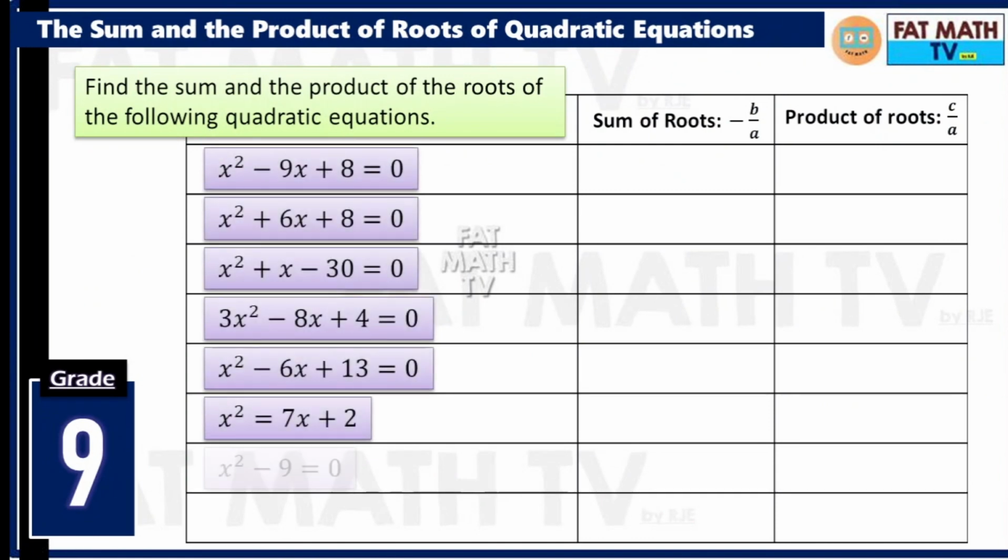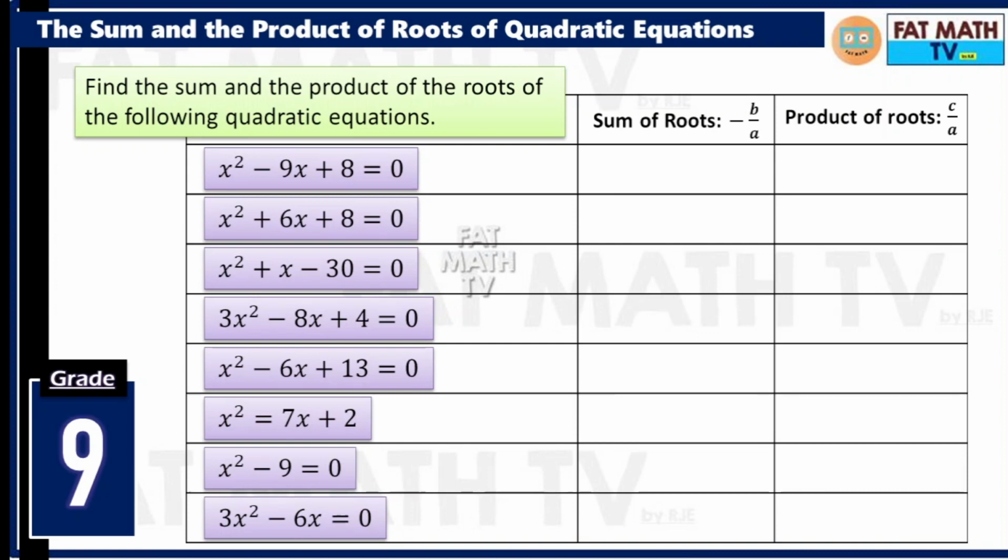Okay, let's have examples. Find the sum and product of the roots of the following quadratic equations. So this time, we will no longer find the actual roots. They may be real numbers, rational numbers, equal, unequal, or they can also be irrational numbers and imaginary numbers or complex numbers. So what we're going to do is, without actually finding the roots, we will identify the sum and the product of the roots by using the formulas that we have derived.